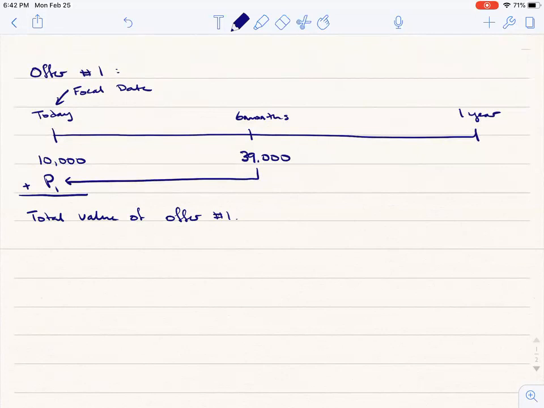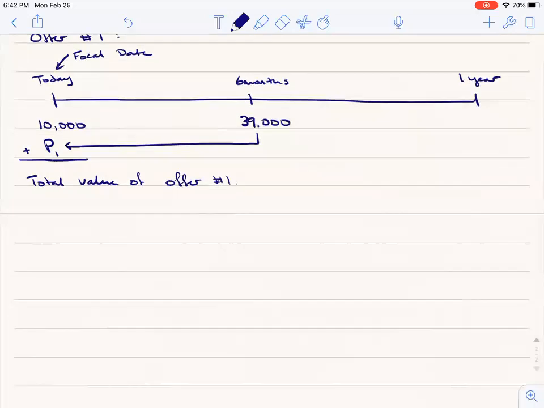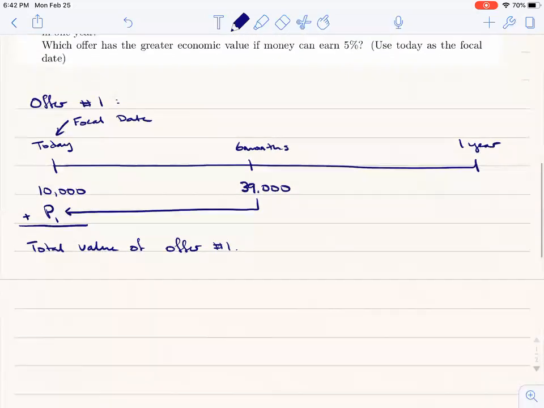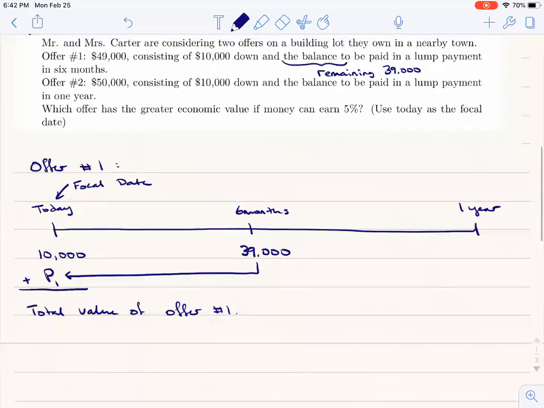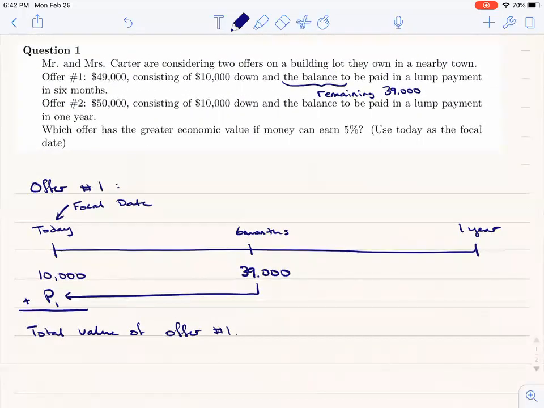So let's find P1. Then we're going to do the same thing for offer number 2, and then we can compare the total values of the two. If we have to find P1, there are a couple of things we have to put on our timeline. First thing is we're going to put the time on the arrow.